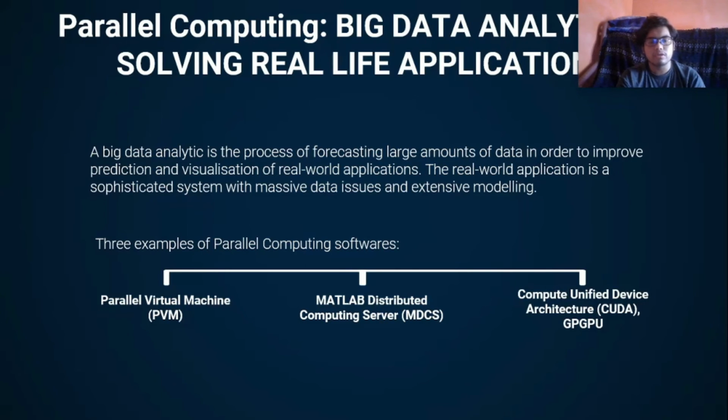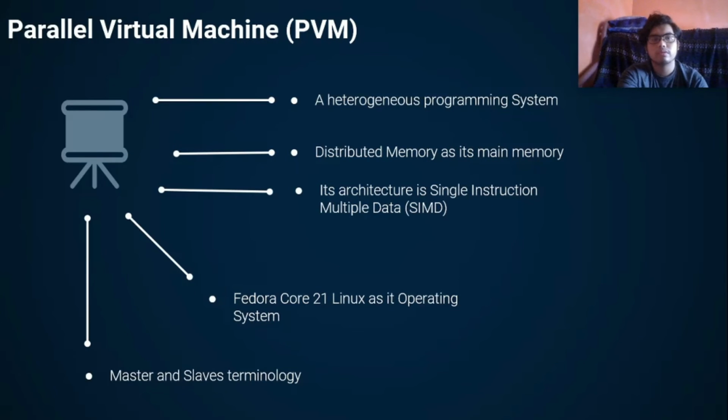Below are three example software of parallel computing. The first one is Parallel Virtual Machine (PVM), then MATLAB Distributed Computing Server, and the last one is Compute Unified Device Architecture (CUDA). Parallel Virtual Machine is software for heterogeneous computer systems and a unified structure of parallel programs that run in an easy manner on current hardware.